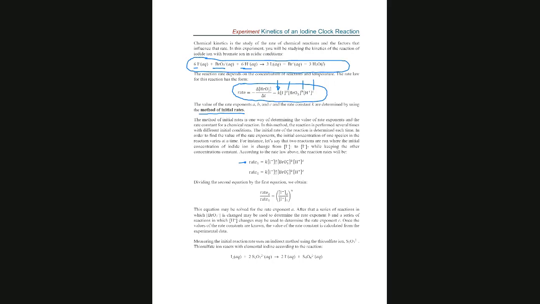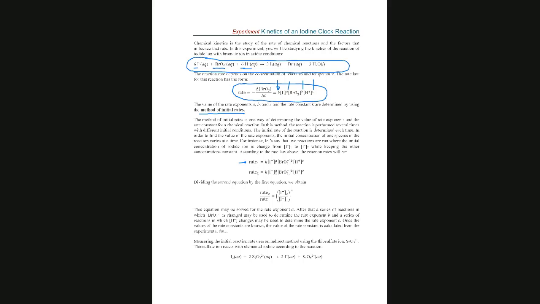The constant is the constant for that reaction. And then iodide has concentration 1, but bromate and proton has the same concentration as in rate 2. Does it make sense so far what they are doing?